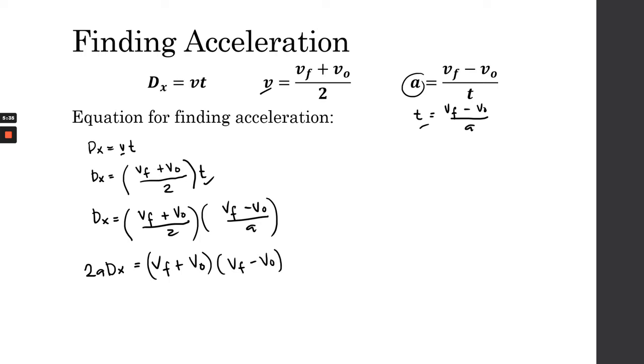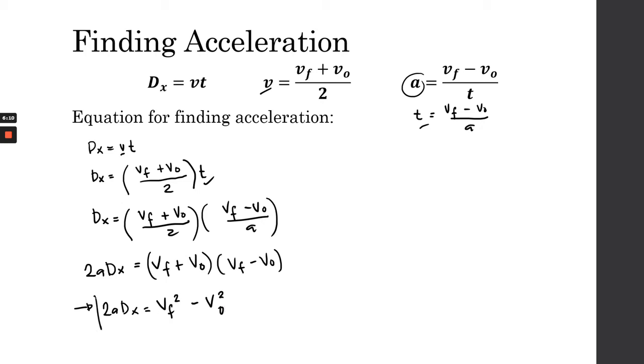From here, if you know your polynomials, you'll get this equation: 2a dx, or 2 times acceleration times displacement, is equal to the square of vf minus the square of the initial velocity.